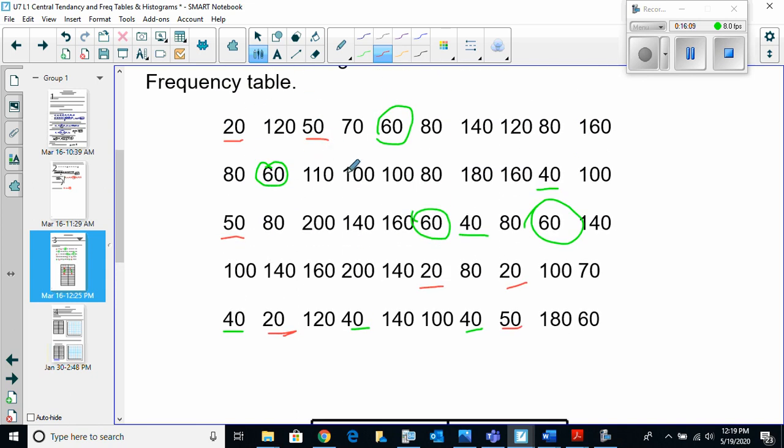It's kind of weird because you cannot withdraw 50, but this is just a data collection. So 80, 2, 3, 4, 5, 6, 7.